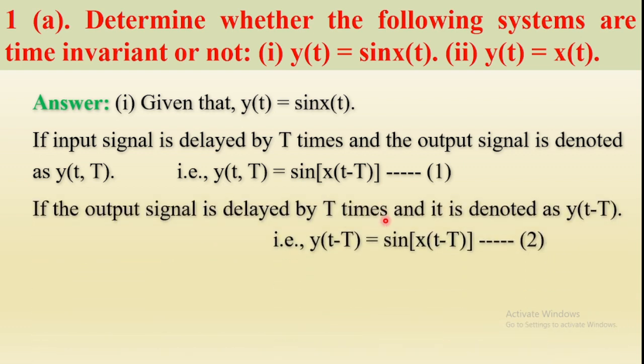Second step: if the output signal is also delayed by the same amount of time, capital T, the resultant output signal is denoted as y of t minus capital T. It can be determined by replacing small t with t minus capital T in the given system.